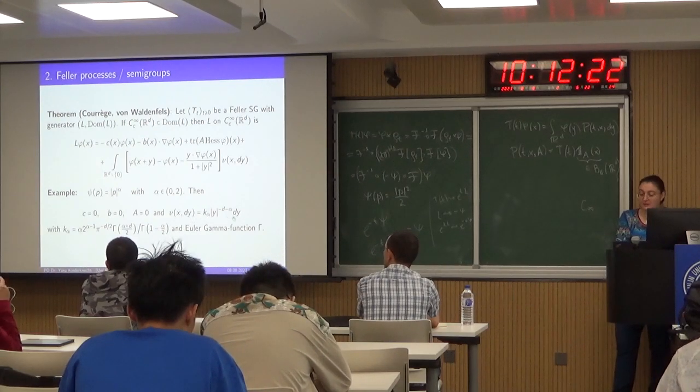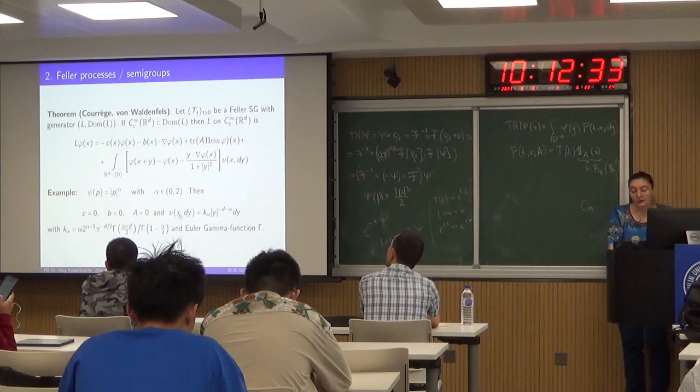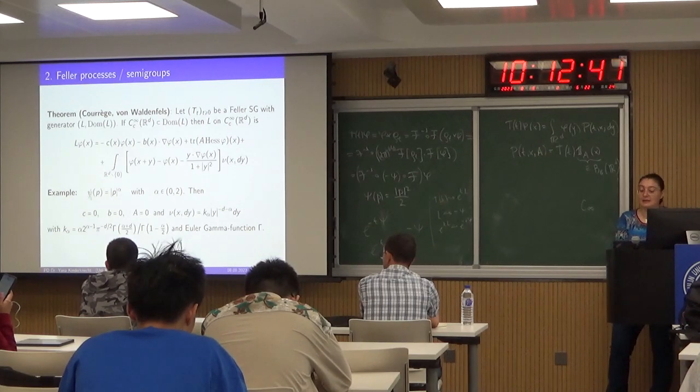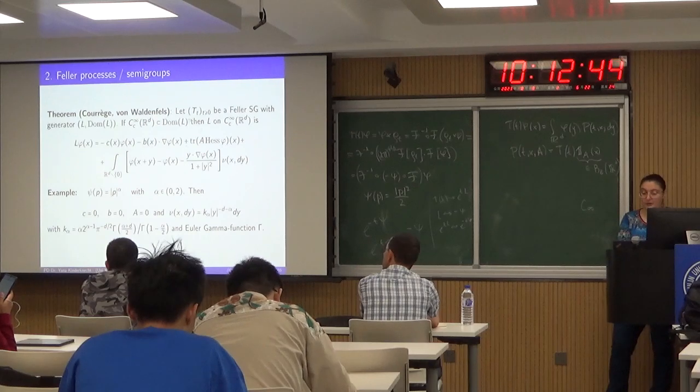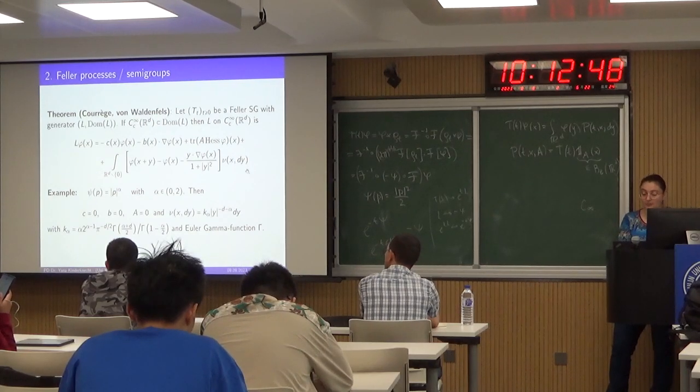So it's given explicitly. The intensity measure does not depend on x, so all coefficients are, so to say, constant coefficients, with no dependence on x. And one can check that in this case this operator is a generator of a Feller semigroup, and it's a pseudo-differential operator of this form.